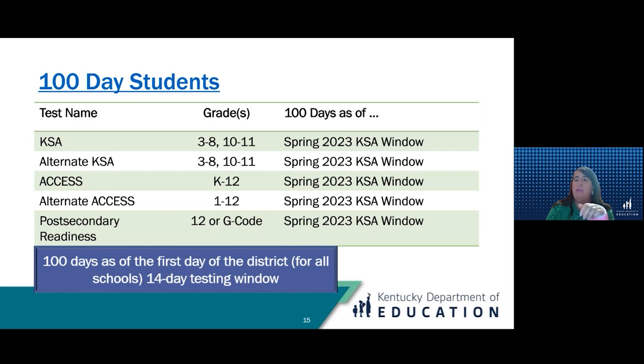If you make sure that those are correct, that's going to pull correctly, not only for spring rosters for us to be able to populate, but it's also important when it comes to our test window collections, and you're putting in your elementary, middle, and high school information correctly. That way it pre-populates on the left-hand side what the earliest date could be for each of those windows. So always keep your calendars up to date in Infinite Campus.